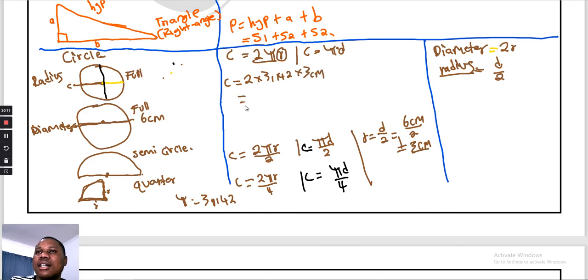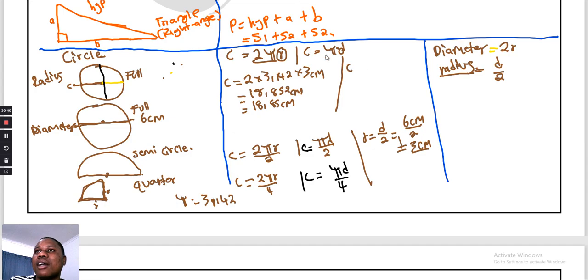Then we just press our calculator: 2 multiplied by 3.142 multiplied by 3, which says our total distance around this full circle is equal to 18.852 centimeters. So we can round it off to 2 decimals, that is 18.85 centimeters.